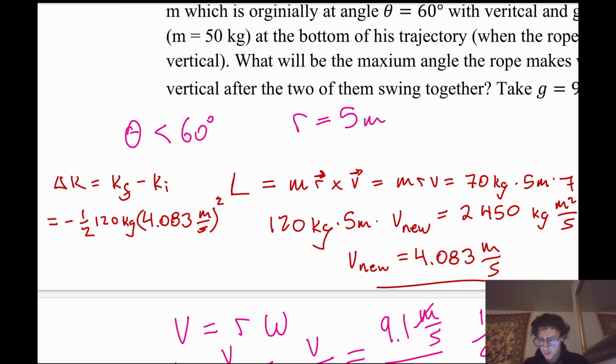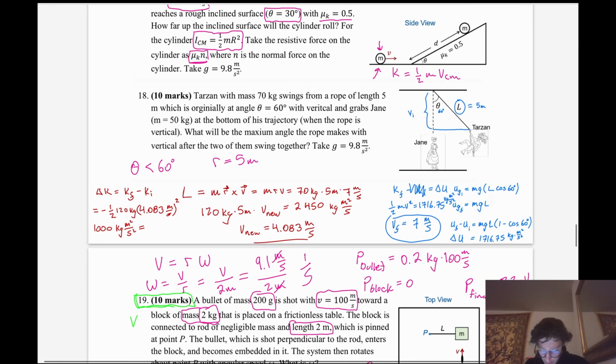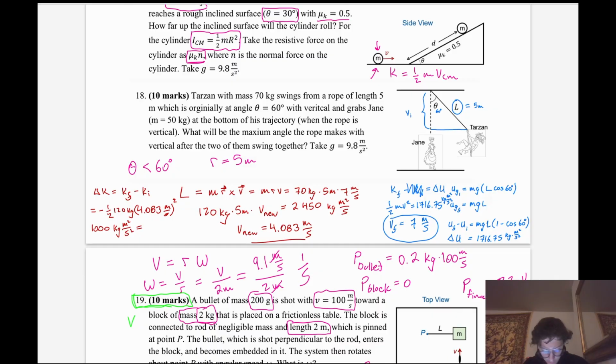Okay, let's calculate that. 0.5 times 120 kilograms times 4.083 times 4.083 is about 1,000, and I'm going to just round it. 1,000 kilograms meters squared per second squared, and this is going to equal the change in delta U. It's basically like we got a new velocity. Now we're going to do this same method over here where we found the velocity, but backwards to find the angle.